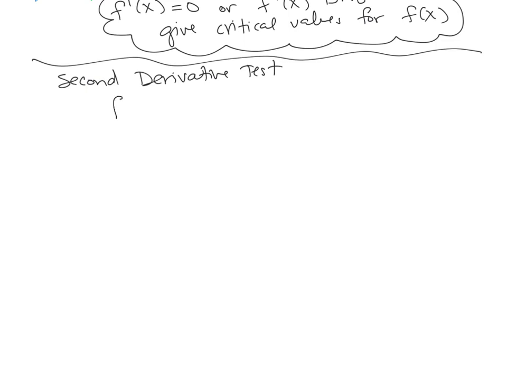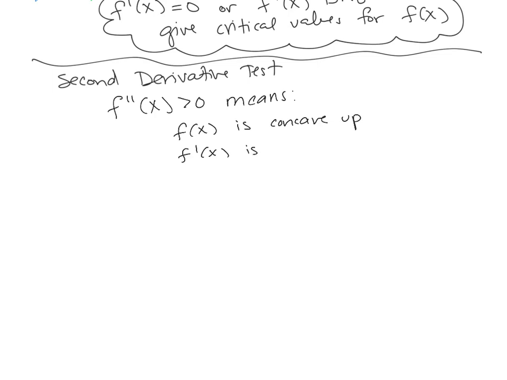Okay, so if I find f double prime of x to be positive or greater than 0, this can mean a couple of things, okay? So this means that f of x is concave up. And this also means that f prime of x is increasing.